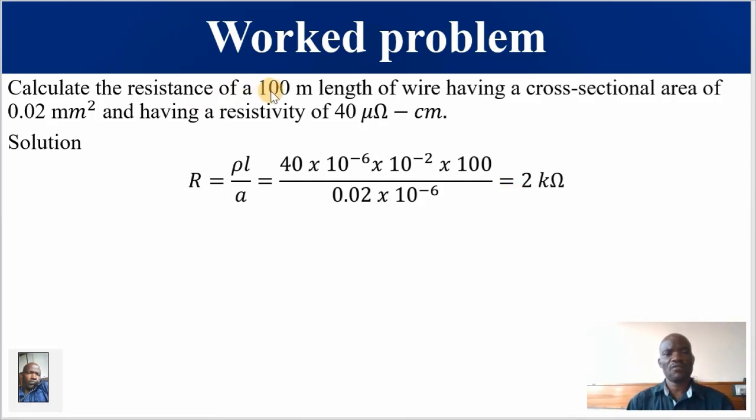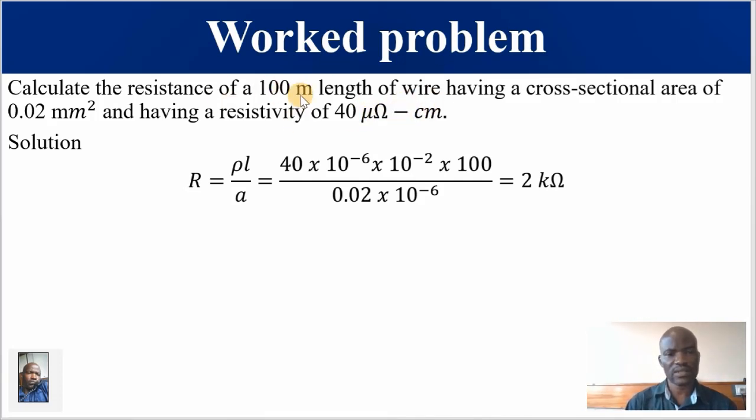Calculate the resistance of a 100-meter length of wire. This is the length having a cross-sectional area of 0.2 square millimeters and having a resistivity of 40 micro ohm centimeter. This must be converted to meters.